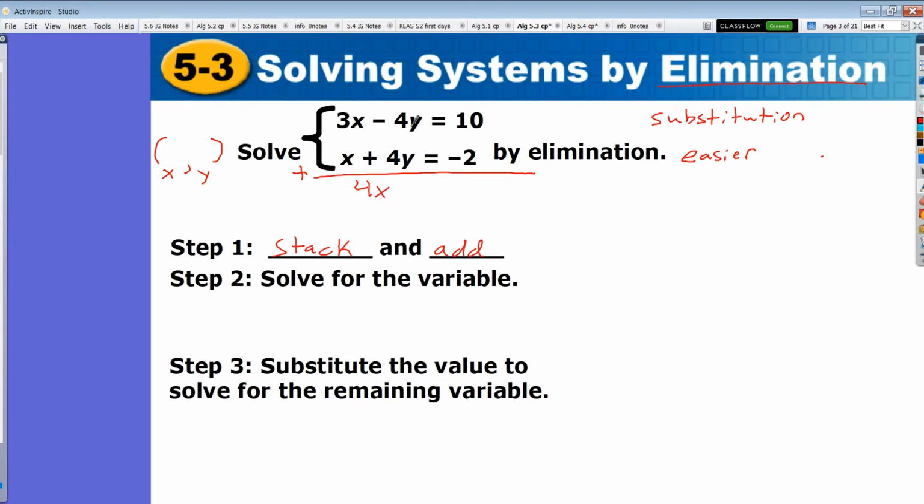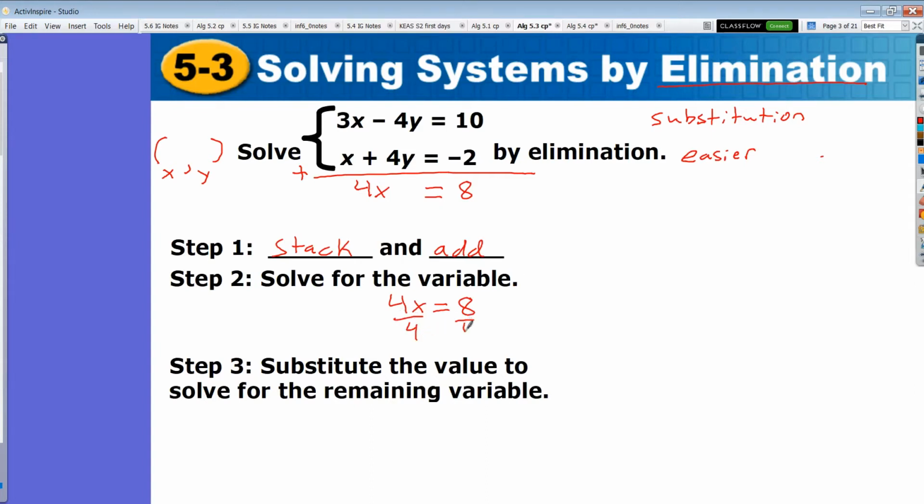My y's would cancel out. Minus 4y plus 4y would give me 0 equals 10 minus 2 is going to give me 8. Okay, so by stacking and adding, I am left with 4x equals 8.